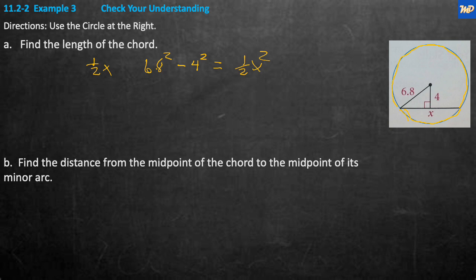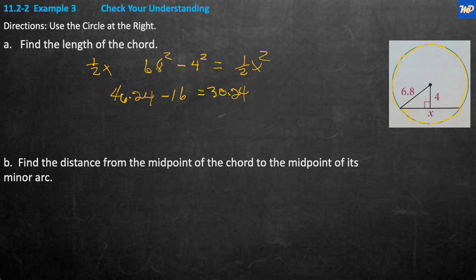So 6.8 squared ends up being 46.24, and we know minus 16, since 4 squared is 16. So we're going to get 30.24.